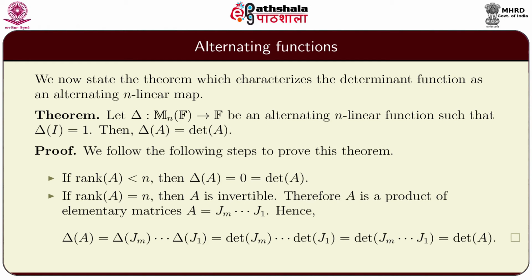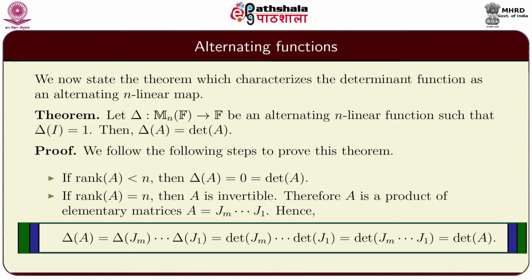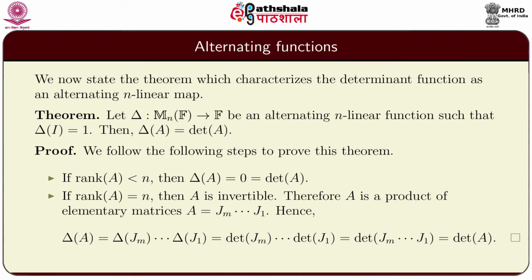Then delta of A is delta of Jm and so on J1, and that is the same as delta of Jm times delta of Jm minus 1 and so on up to delta of J1, which is the same as determinant of Jm and so on up to determinant of J1. Determinant being multiplicative, we have determinant of Jm, Jm minus 1 and so on J1, that is determinant of A. This proves the theorem.